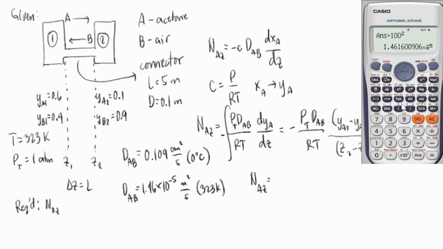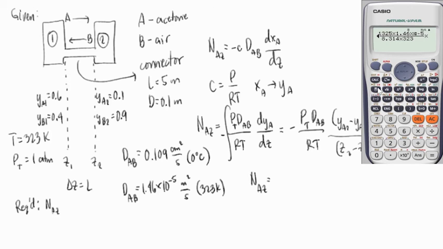Okay, substituting, we can now solve for NAZ. That is negative pressure 101,325 pascals, dAB, which we have determined earlier, that's 1.46 times 10 raised to negative 5 square meter per second, divided by R, 8.314, and temperature of 323 Kelvin.